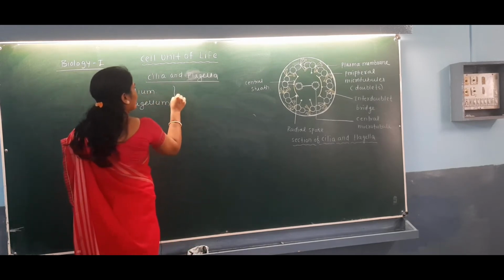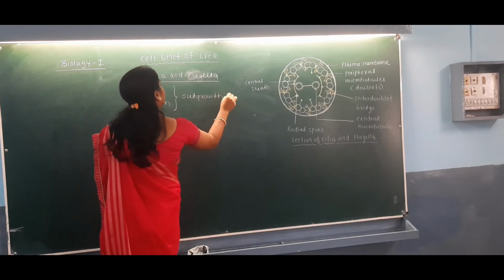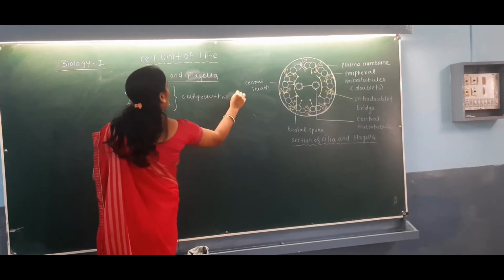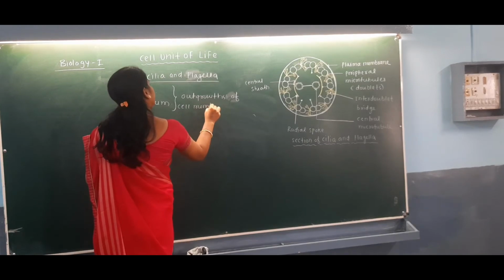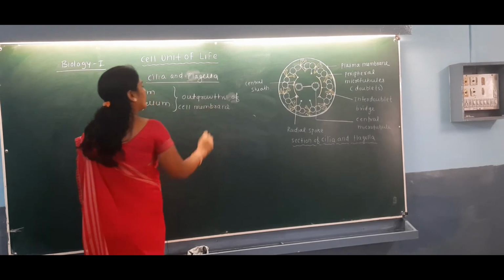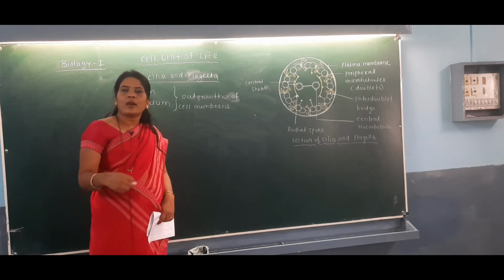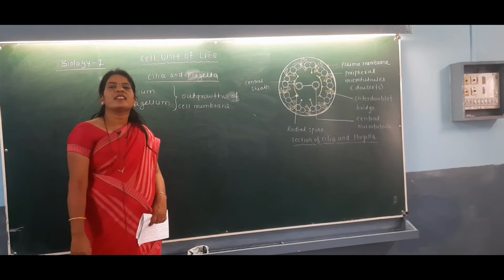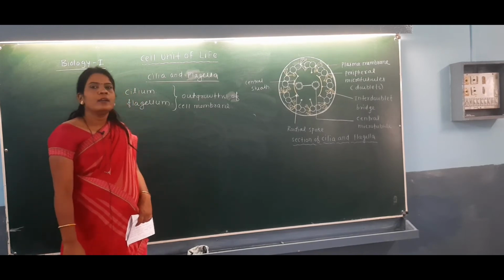So these both are outgrowths of the cell membrane. In the eukaryotic cell you can observe some outgrowths from the plasma membrane, out of which some are called flagella and some are called cilia.